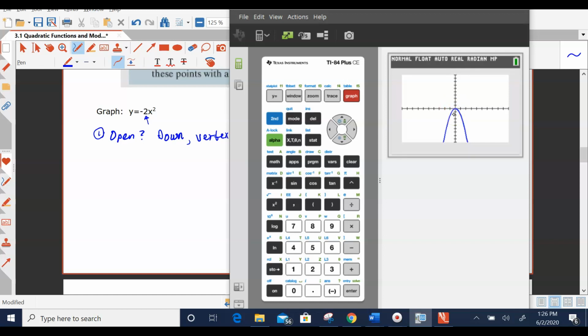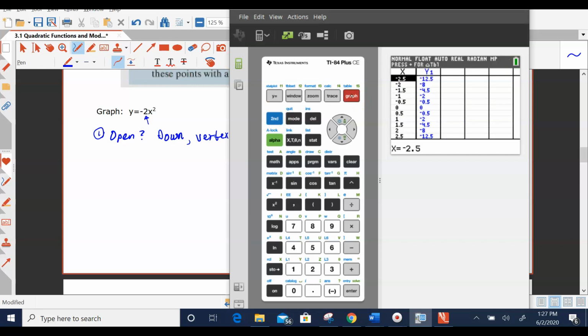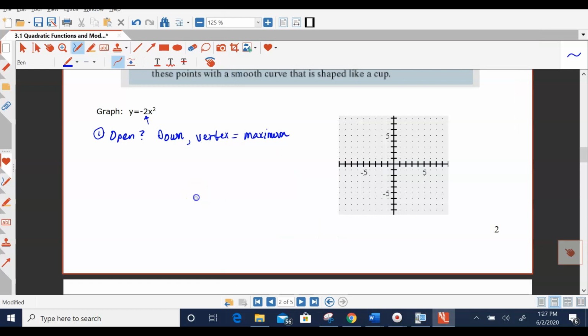What I want you to do when you're graphing these is go to the table and let's get some ordered pairs. Clearly we can see the vertex is at 0, 0, but let's get a couple of other ordered pairs for it. So I've got 0, 0, and I've got the point 1, negative 2, and I've got the point negative 1, negative 2. Those are enough values to enable me to graph this parabola.